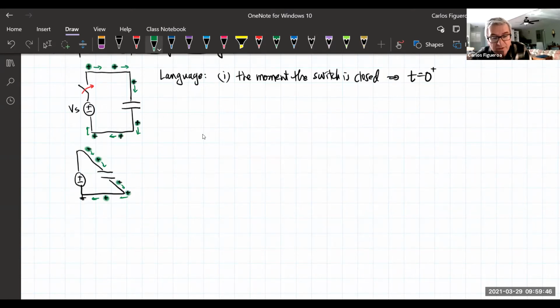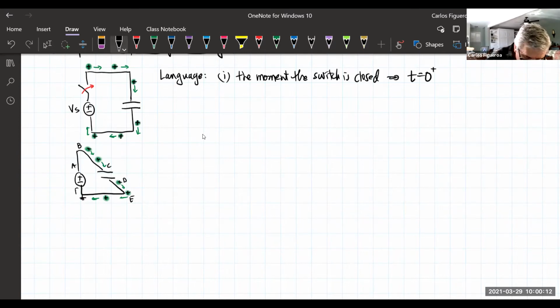But you could break it up into smaller fields. For example, I could call this point A, this point B, this C, and this D, E, F. Maybe I'll put F over here.